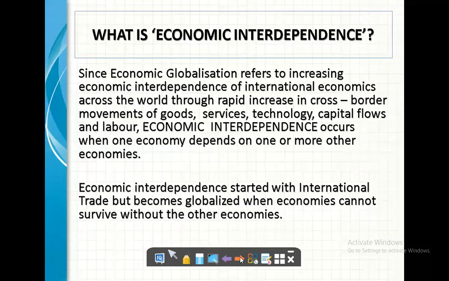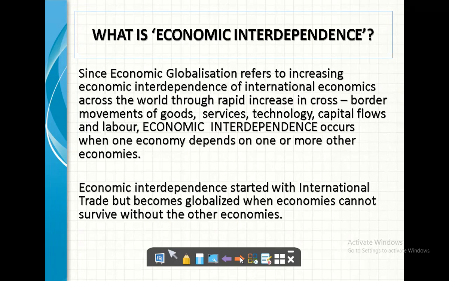Yes, we can. So next one is, what is economic interdependence? Since economic globalization refers to increasing economic interdependence of international economies across the world through rapid increase in cross-border movements of goods, services, technology, capital flows, and labor, economic interdependence occurs when one economy depends on one or more of the other economies.